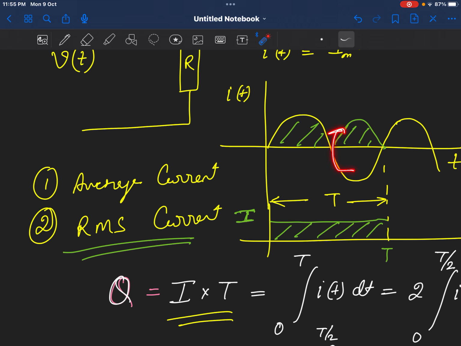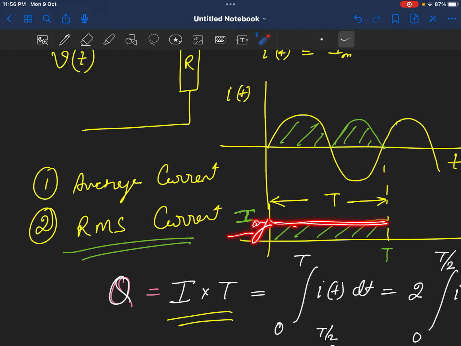However, if we calculate the amount of charge in half cycle and multiply by 2, it will give us how much amount of charge is being transferred. In an AC circuit, the net amount of charge transferred over a full cycle is always 0. However, to calculate the amount of charge transferred, that is called the average current.